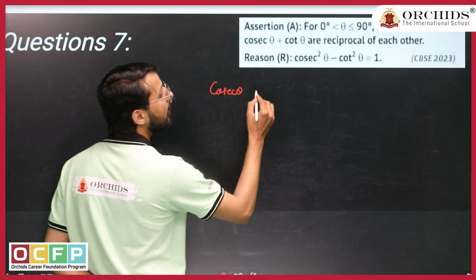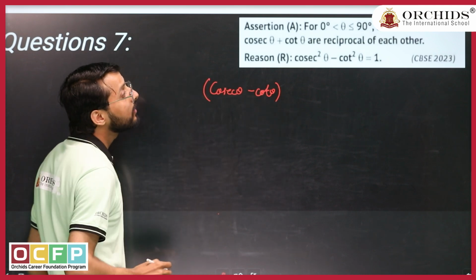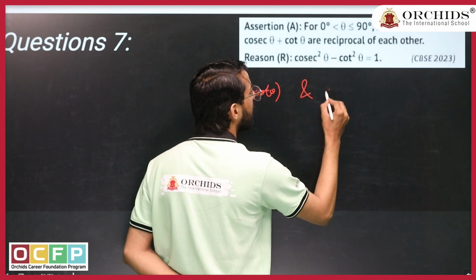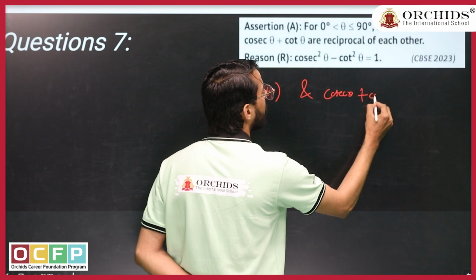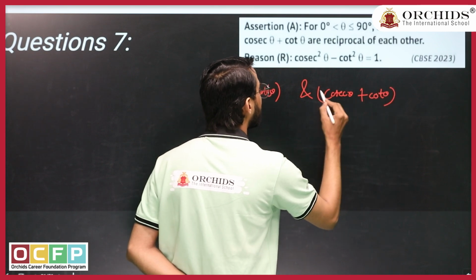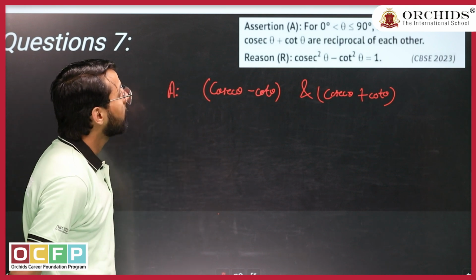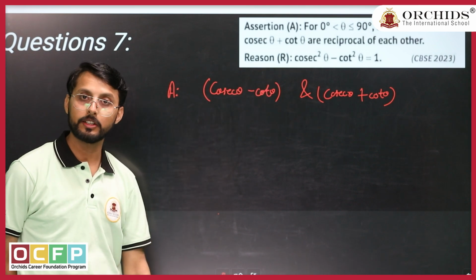Second, they have given cosecant theta plus cot theta. They are asking as an assertion whether cosecant theta plus cot theta and cosecant theta minus cot theta are reciprocal of each other or not.